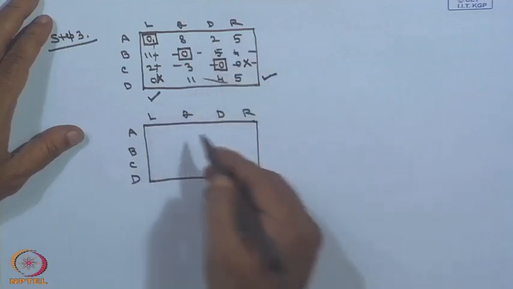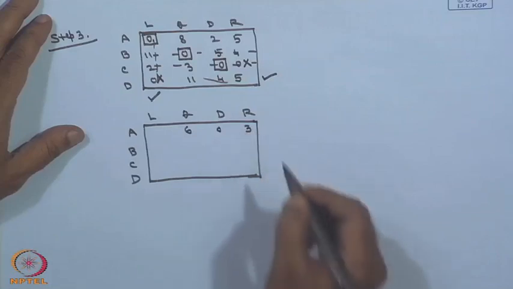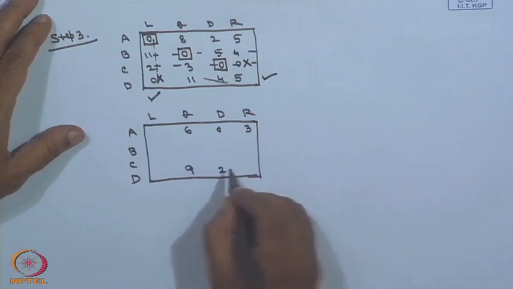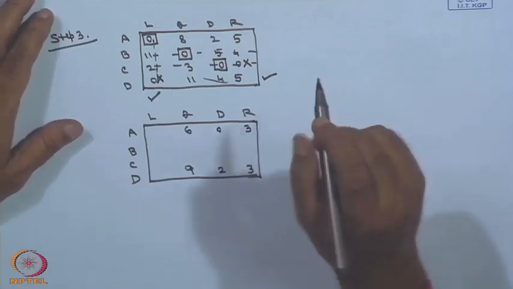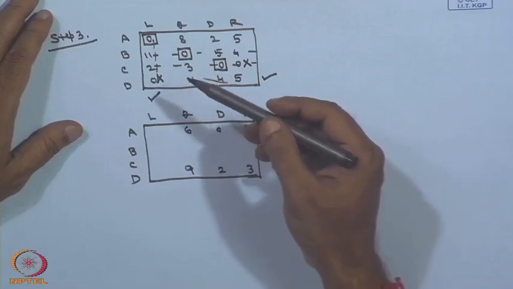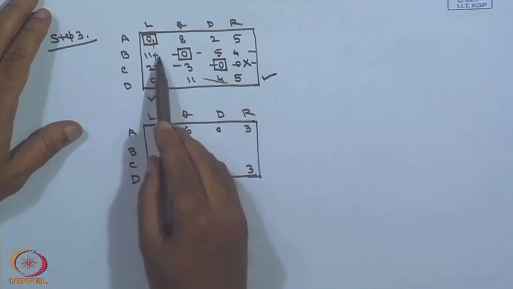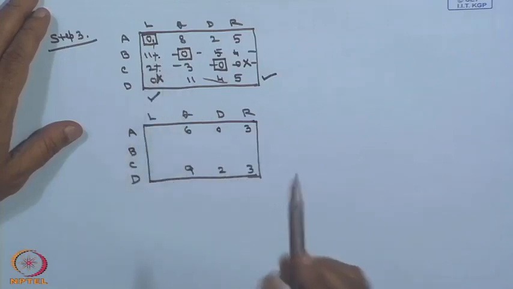So, subtract it from these, that means it will be 6, 0 and 3, and on this line it will be 11, 4, 5. So, subtract 2: 9, 2 and 3. Next, what we have told, if there is an intersection of two straight lines, then add the smallest element to that particular cell. This is an intersection, this is another intersection, that is, in cell 2 1 there is one intersection, and in cell 3 1 there is an intersection.